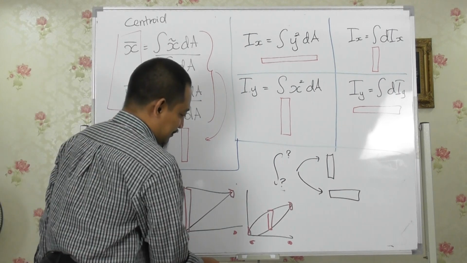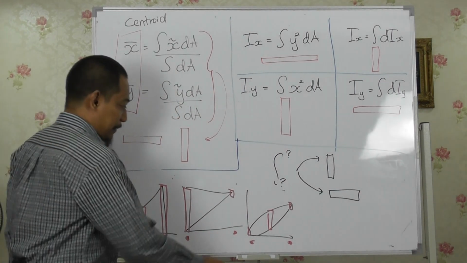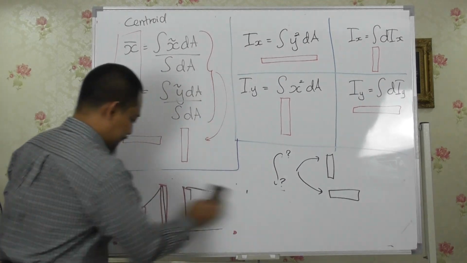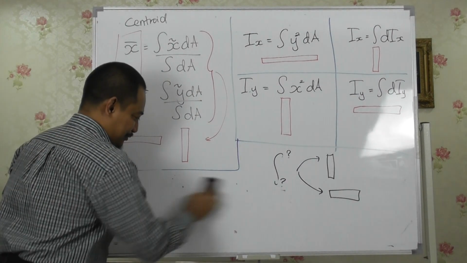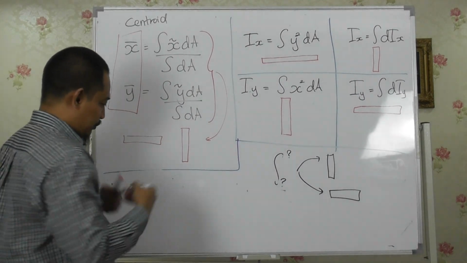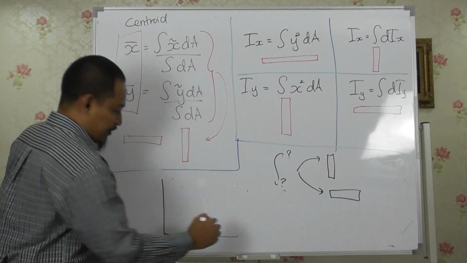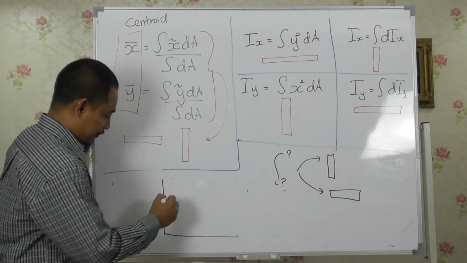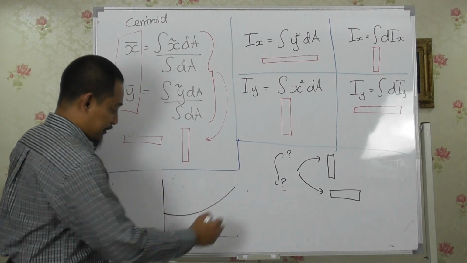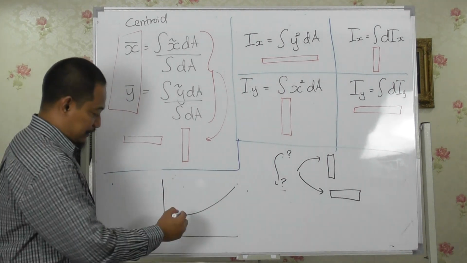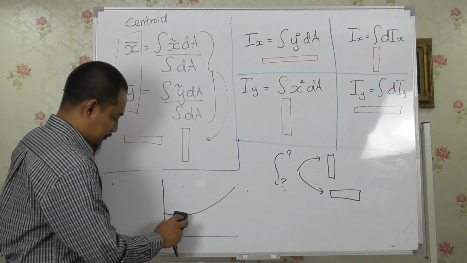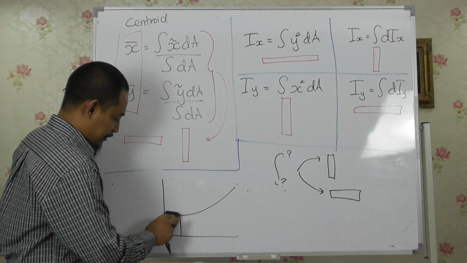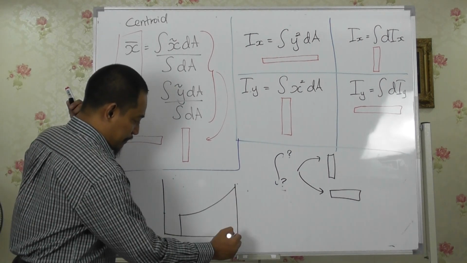Okay. Just to be safe, just to show if the limit does not start from 0, right? For example, if you have a curve like this, but the area the question gives is here, meaning here it doesn't consider, right? For example, like this.